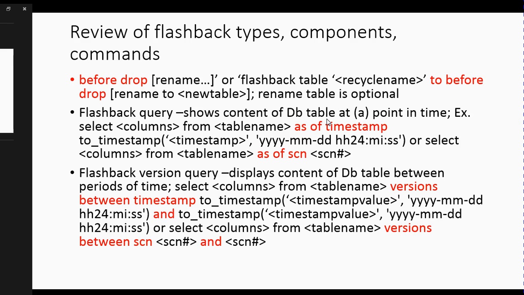You can query the previous state of your table: select the columns from the table name, then put in as of timestamp to timestamp. Here would be the date, and this would match with what you have in here.